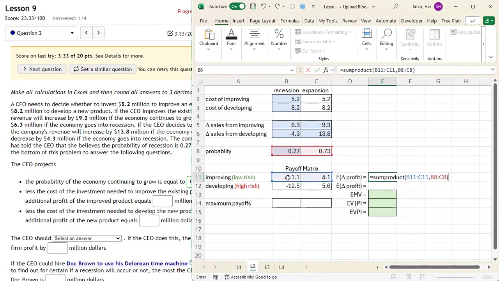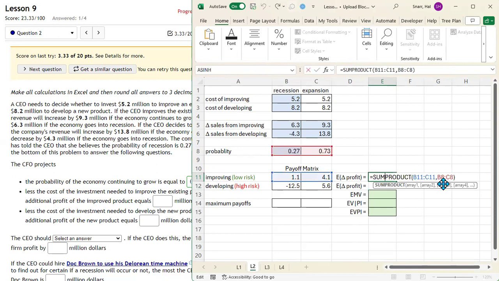So what this does is it takes B11 and multiplies it by B8, then adds that to C11 times C8. And that gets our expected increase in profit.